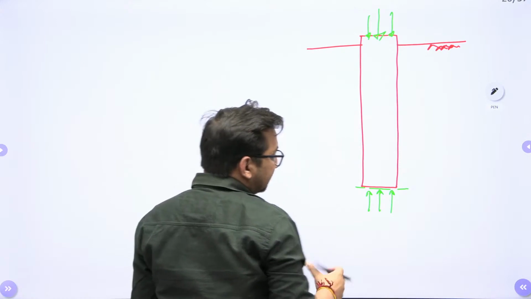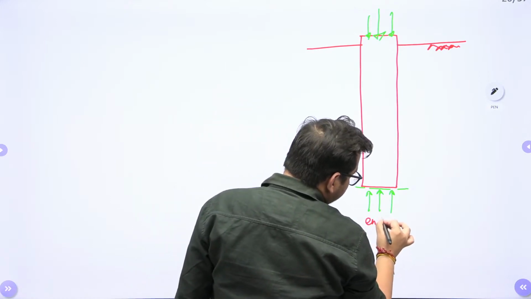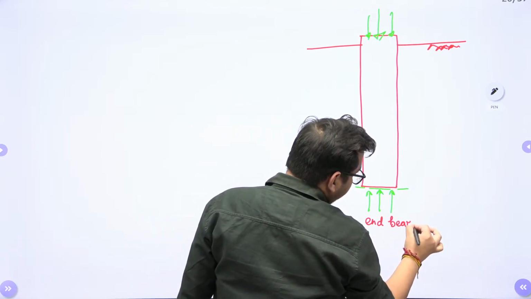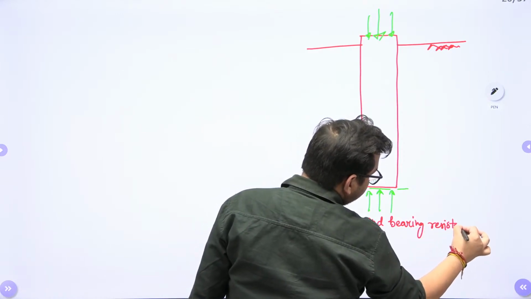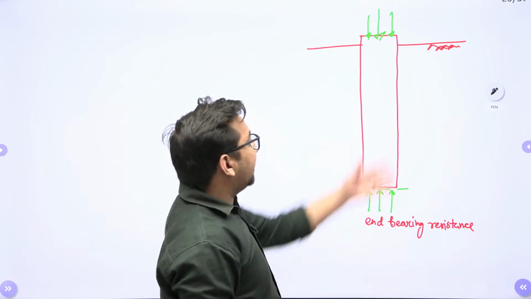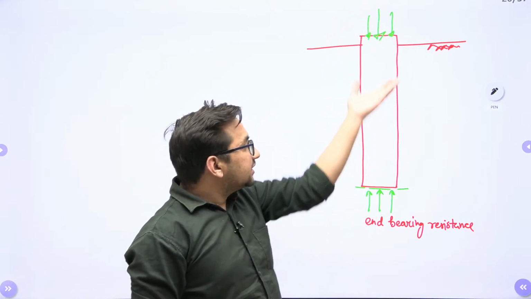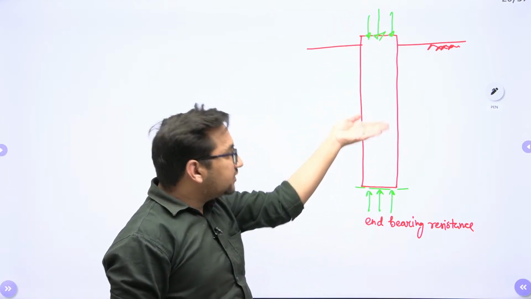So we call it end bearing resistance. When you are applying the load over this particular pile, this pile will try to settle down.